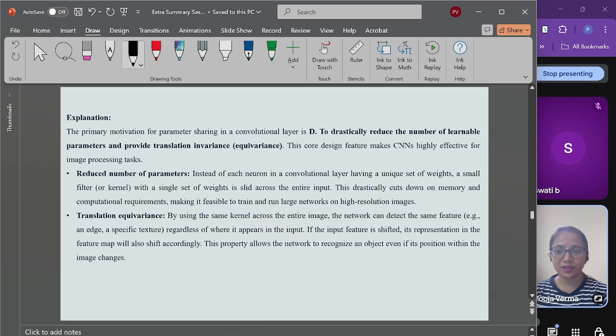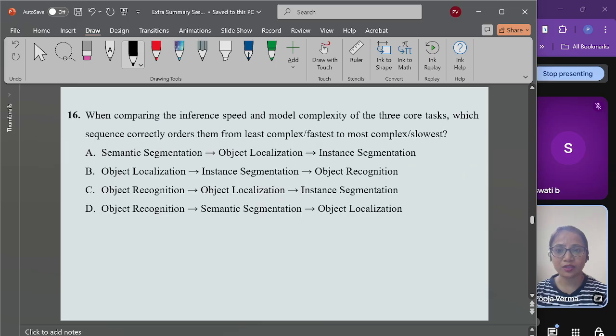I hope you have understood this explanation. So now moving to our next question. Our next question is, when comparing the inference speed and model complexity of the three core tasks, which sequence correctly orders them from the least complex and fastest to the most complex or slowest?